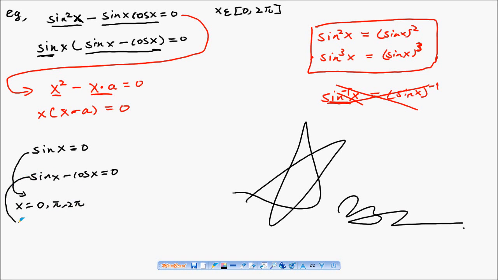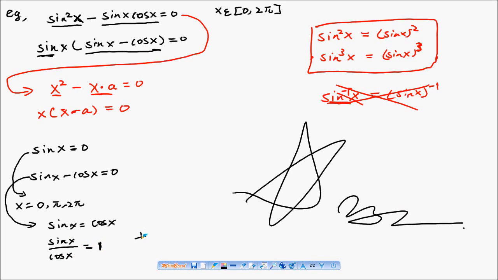And to solve this, I have sine x equals to cos x, and sine x divided by cosine x equals to 1.